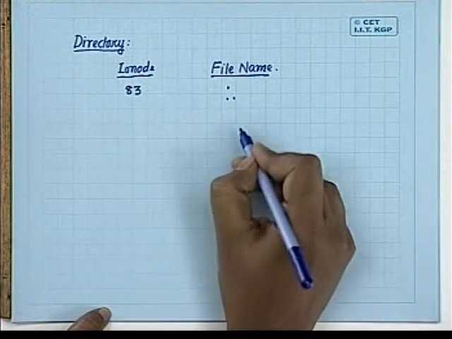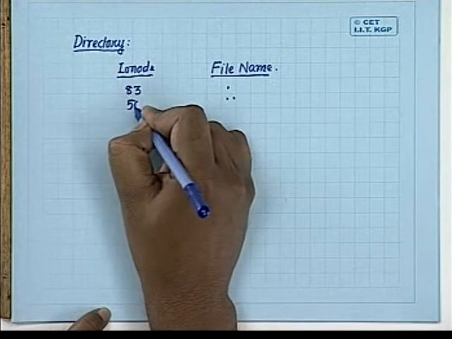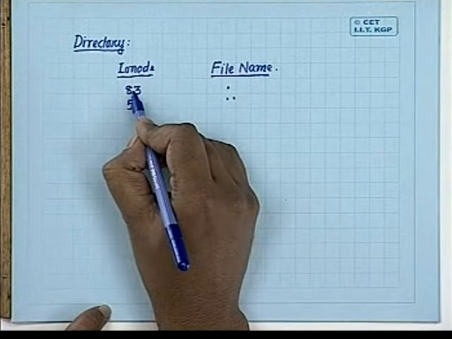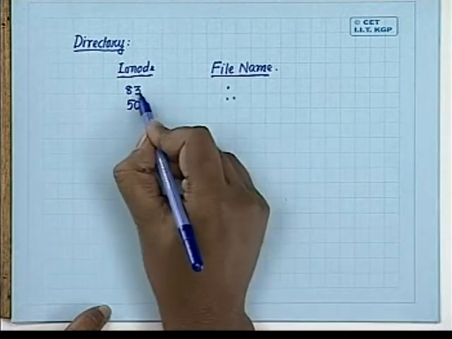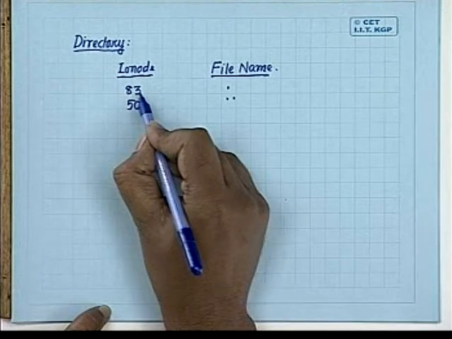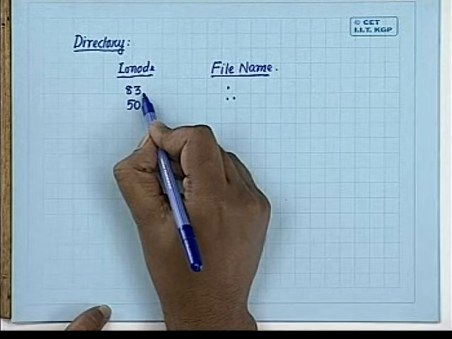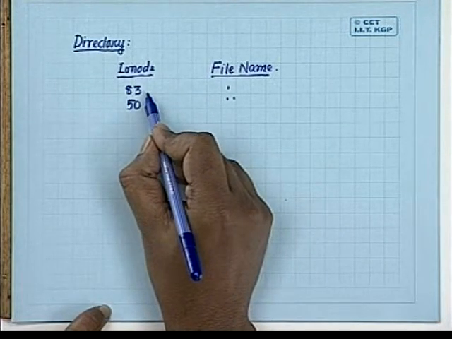Dot dot will have another inode number, suppose 50. Dot means it is the entry for the current directory. And when I say that for entry dot the inode number is 83, that means the current directory, the directory which is under consideration, has inode number 83.